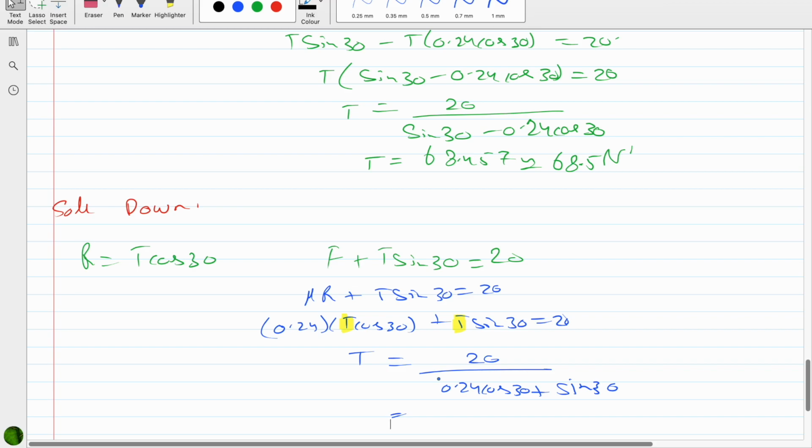And we get 28.2547, which is approximately equal to 28.3 newtons. Clear?